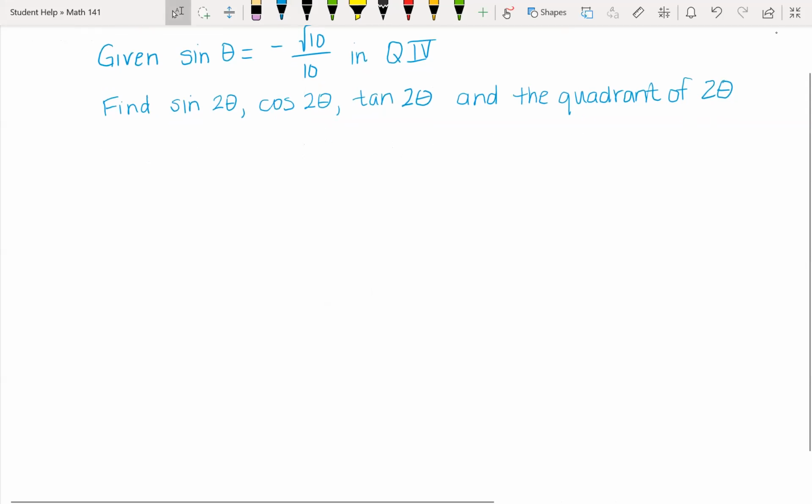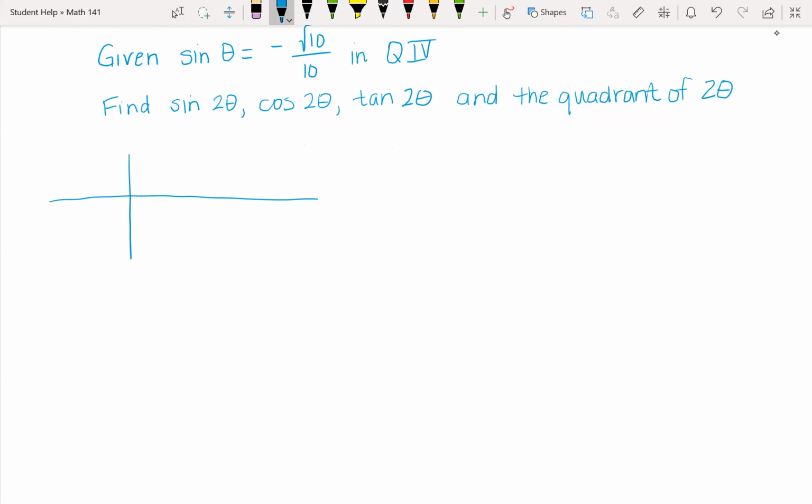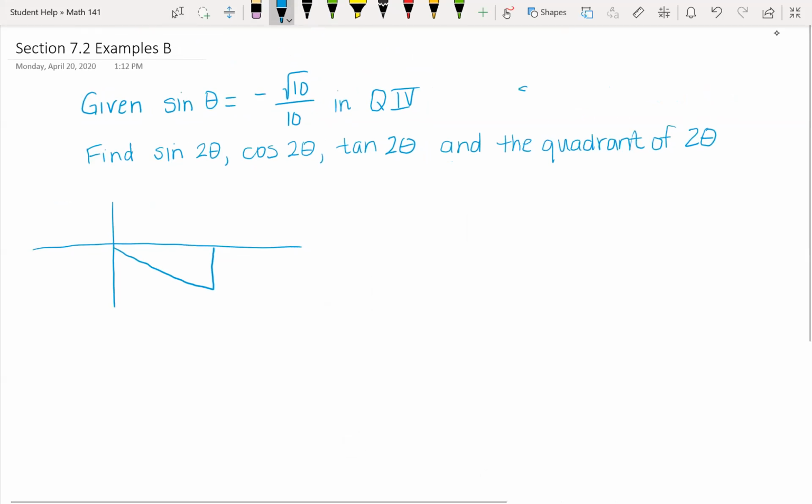Okay. So like the last problem, we started by drawing a picture. And we have something like this. The sine of an angle is the opposite side over the hypotenuse.